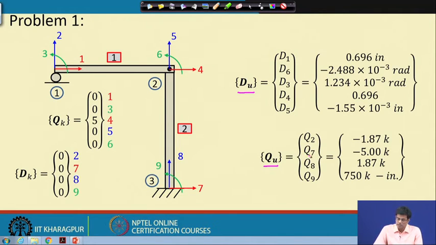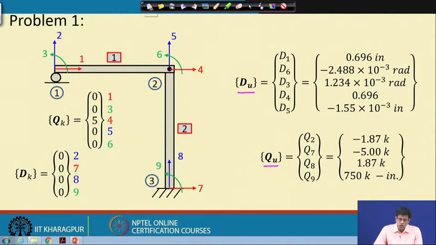So this is Q7, Q8 and Q9. Node 2 also, but if I want to know the internal loading at node 2, we do not know the degrees of freedom corresponding to 4, 5, 6.